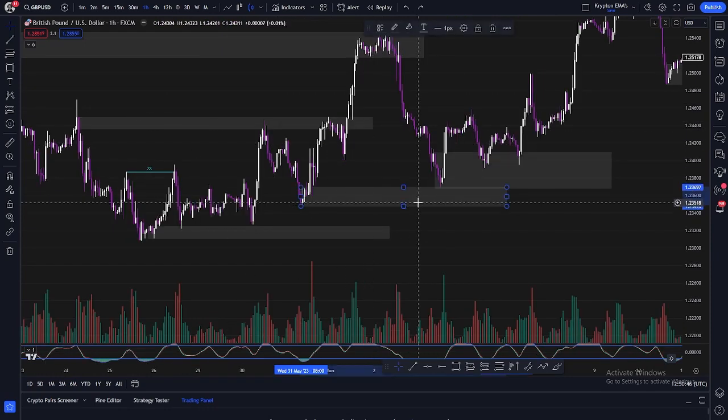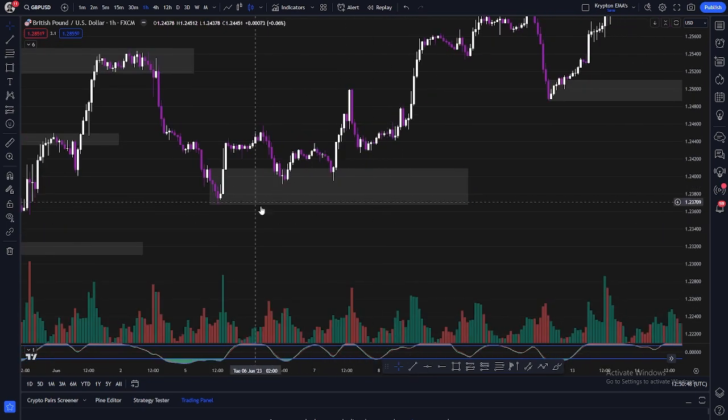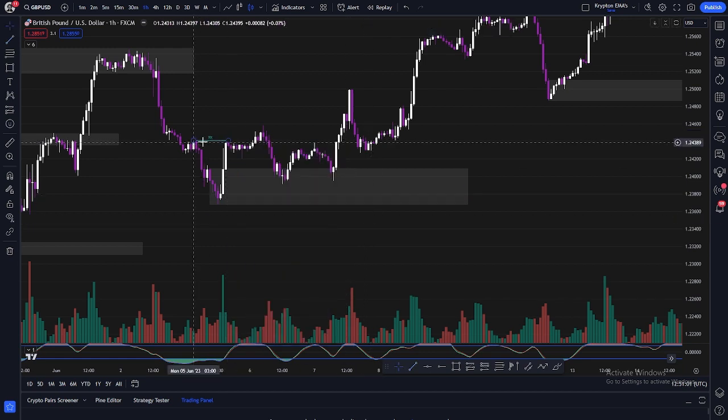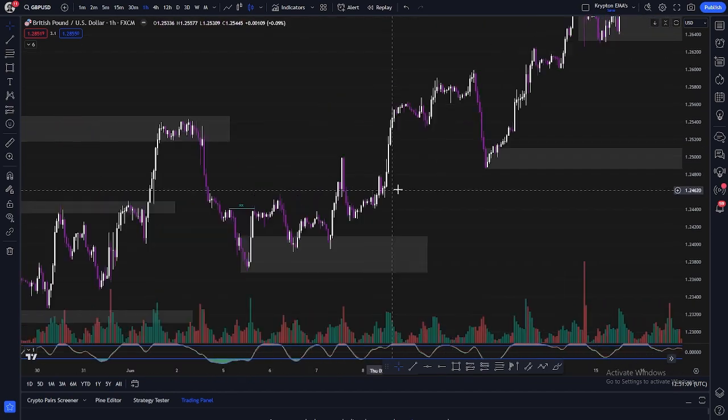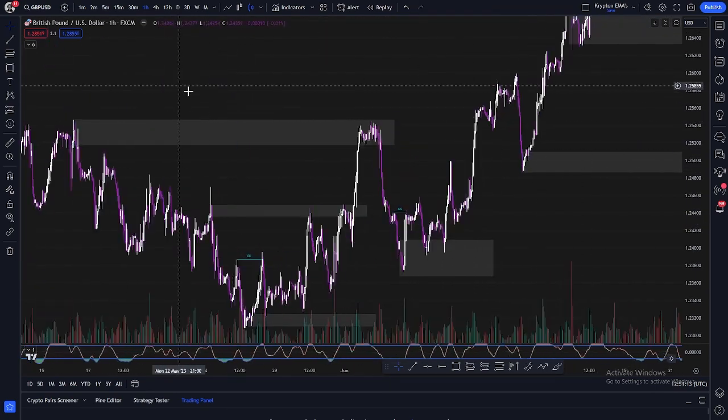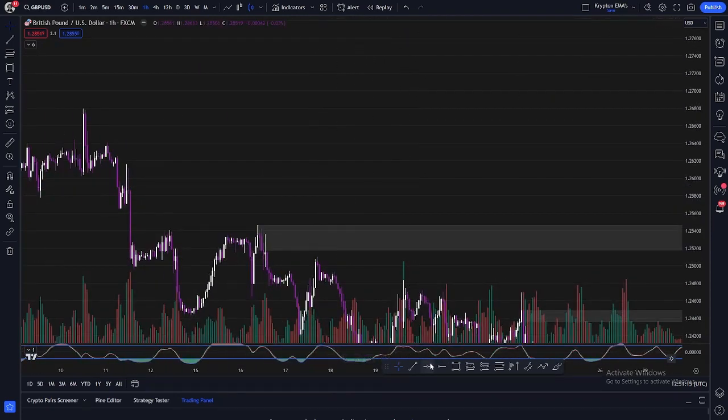Now I did have an order block here drawn from before, where I did draw the last down move before the up move, where we got a break of structure right here, or change of character. So we're looking for longs now, and I probably entered here and entered here again before there was a lot of continuation to the upside, and I probably just sold into this order block, I presume.